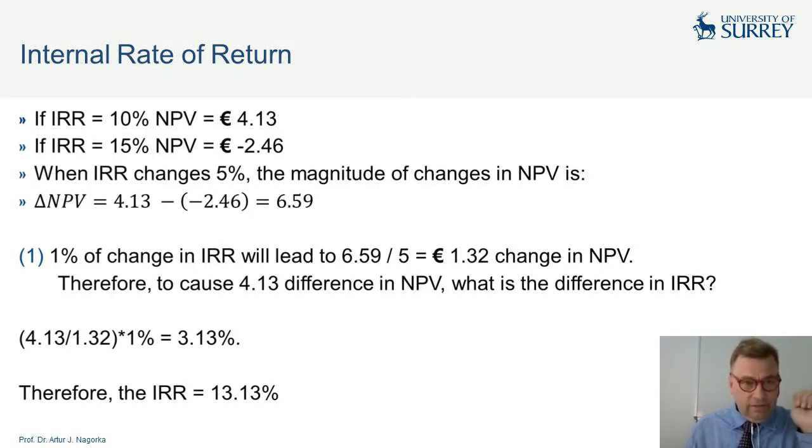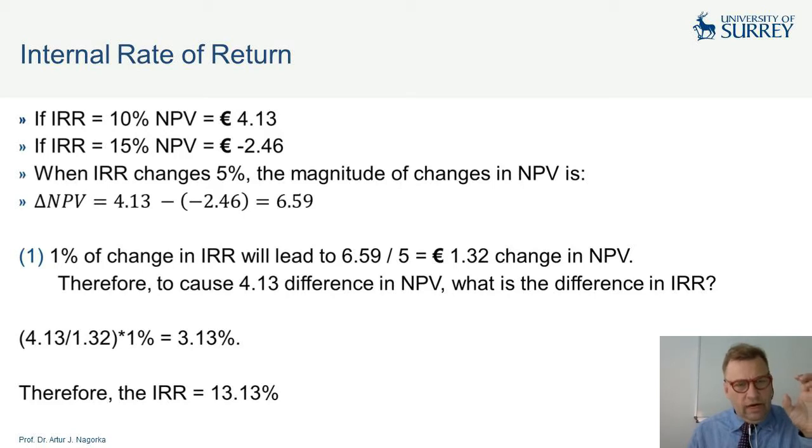But if the rate is 15%, then the NPV becomes negative and it's minus 2.46. Now it's the crucial point.